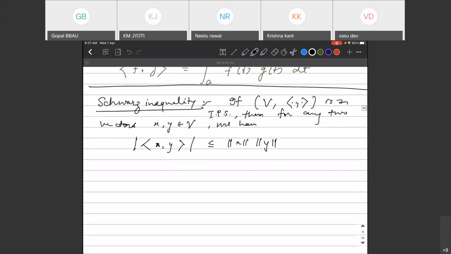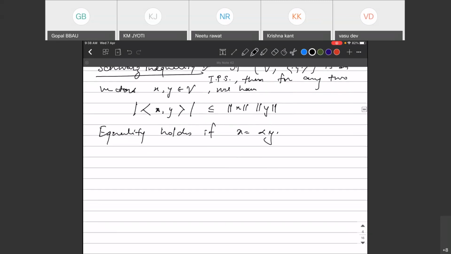And equality holds if x and y are linearly dependent, or we can say x equal to alpha y. Equality holds if x equal to alpha y, and in fact, this is an if and only if condition.